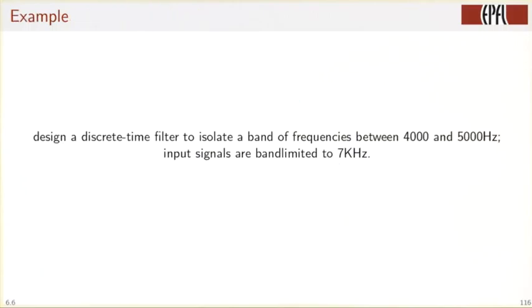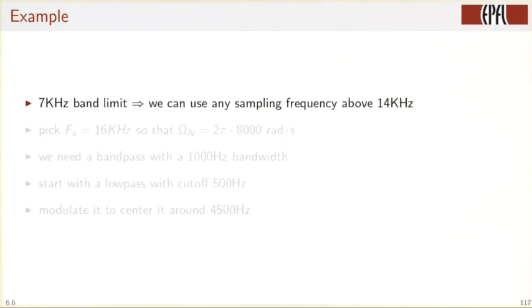Let us compute an example in detail. So the goal is to design a discrete time filter to isolate a band of frequencies between 4000 and 5000 Hz in a signal that is band limited to 7 kHz. 7 kHz band limit means we need a sampling frequency at least twice that much, so 14 kHz or higher.